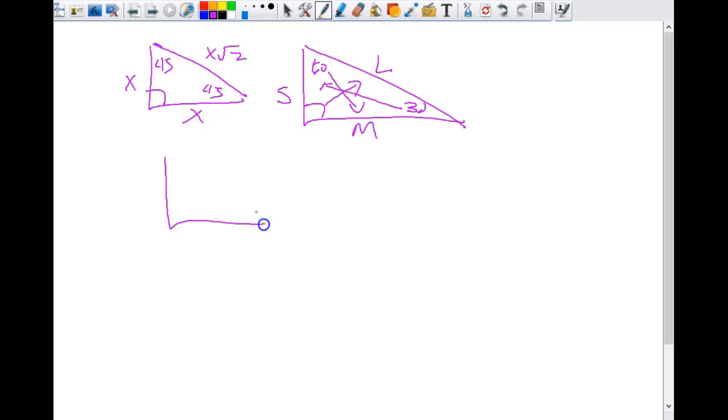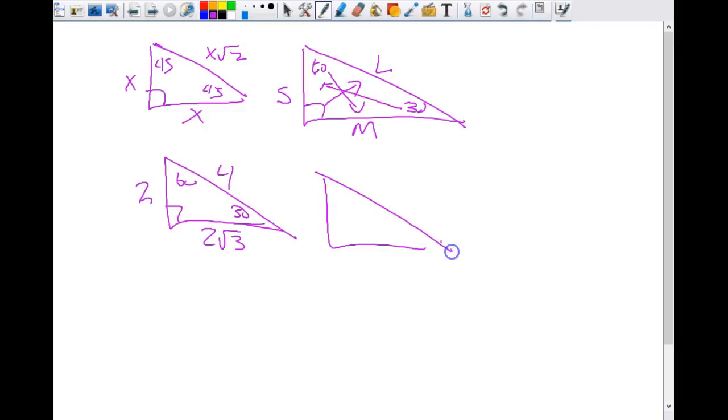So this is going to be a 30, 60, 90 special right triangle. If this was 2, I'm telling you right now, this one's 4, and then this is 2 root 3. How about if we do this? I'm telling you, if this is 3, this is going to be 3 root 3, and this is going to be 6.